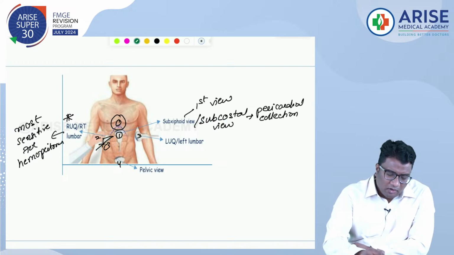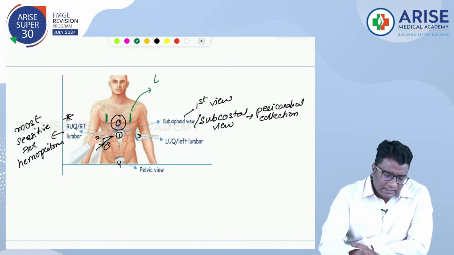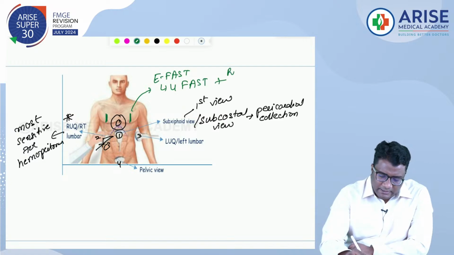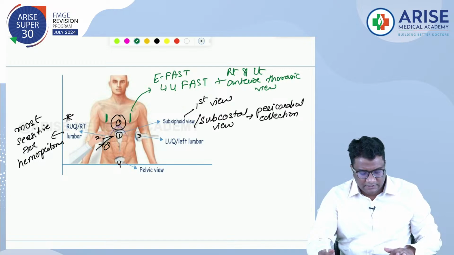In EFAST, along with this, we also put the probe in the right and left anterior-thoracic view. So this is what is EFAST. EFAST we use along with 4 FAST views. We also use right and left anterior-thoracic views, right? So anterior-thoracic views to look at pneumothorax. So there is a difference between FAST and EFAST.